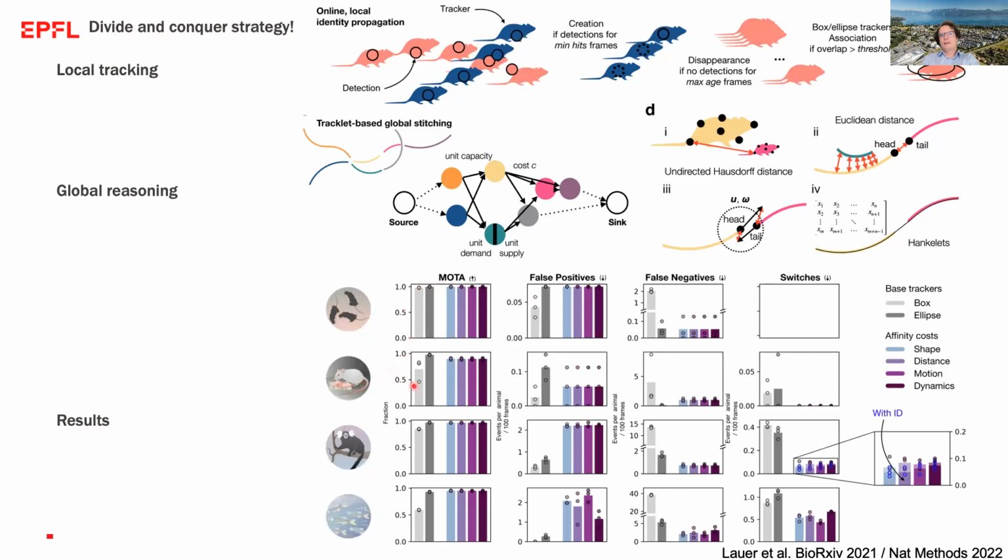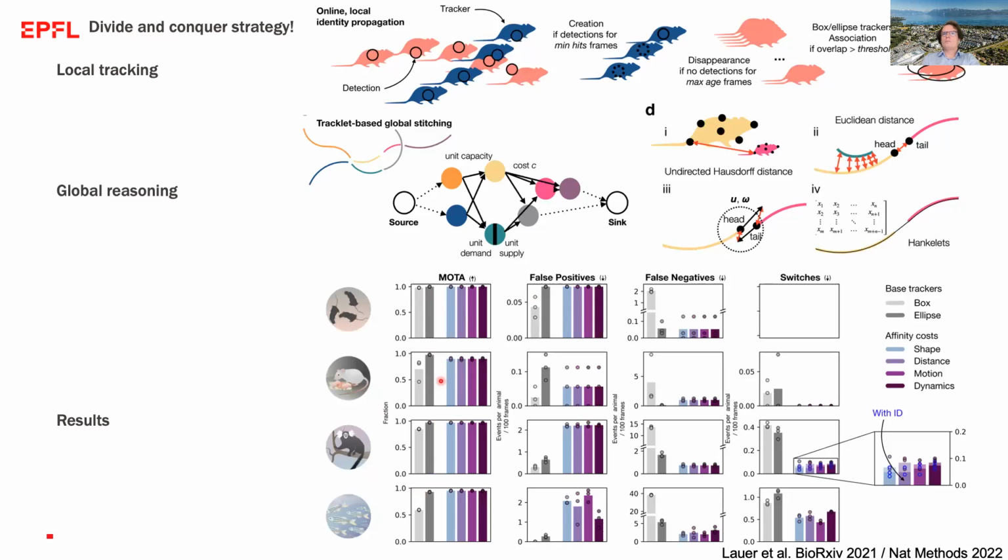For the pups, the fish, and the marmosets, we indeed see that a box local tracker is much worse than an ellipse local tracker. Generally, because ellipses are just better for parameterizing the shape of animals, this is also the default in DeepLabCut. So these gray dots indicate the performance of the local trackers.